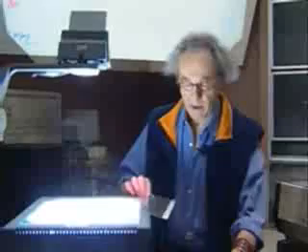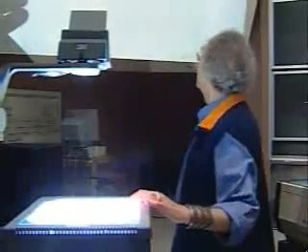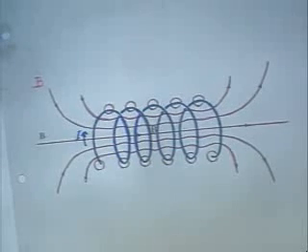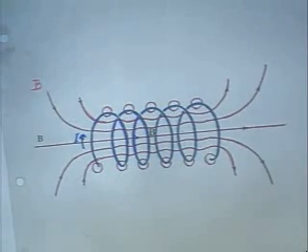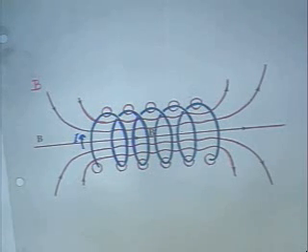Here we have a figure from your book. You see 5 windings, a spiral. If you look from the left, the current is going in a clockwise direction, and so the magnetic field is going from this side to that direction.